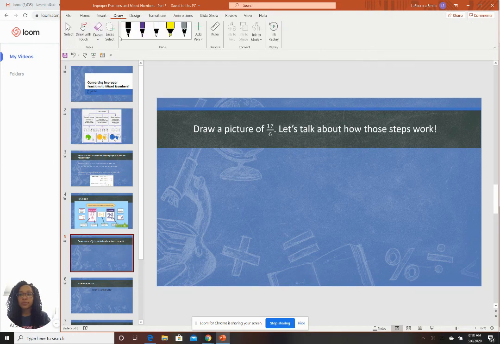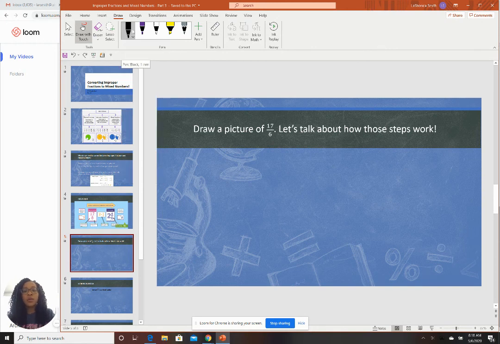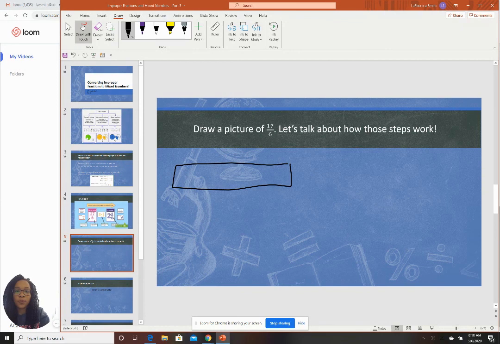So here we go. We are going to draw a whole with 6. 1, 2, 3, 4, 5. And we know that one whole is 6, so we're going to color that in.